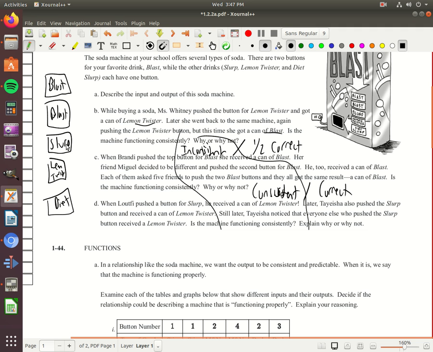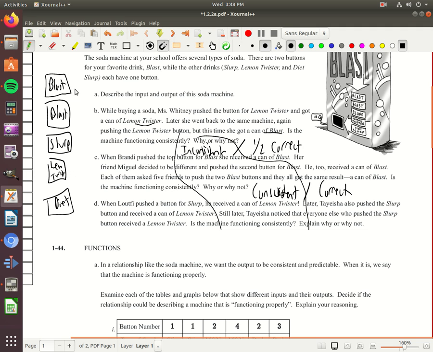It's not that big of a deal once I know that it's consistent. The problem is on this first one: if I push lemon twister and I don't know what I'm going to get, that's when I run into trouble. If I push blast, I get a blast, that's great. If I push slurp and I get a lemon twister, that's great. At least I know what I can expect. But when I push lemon twister, half the time I get one, half the time I get another, that's a problem.